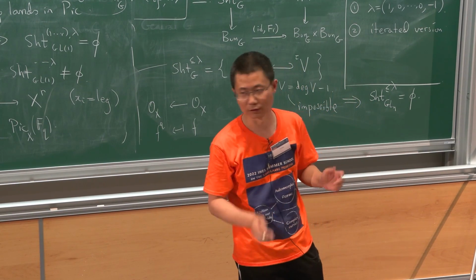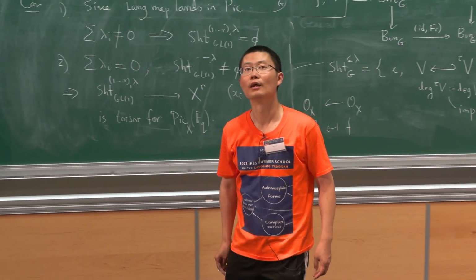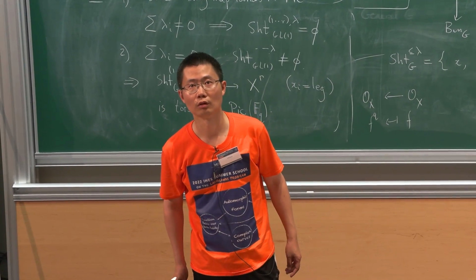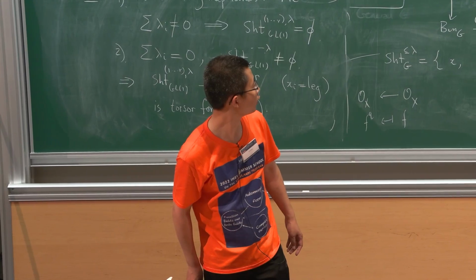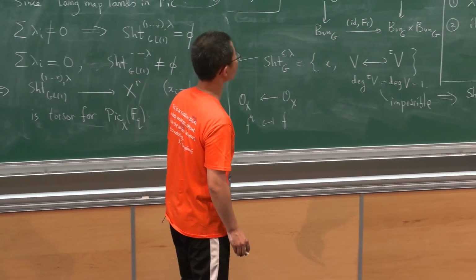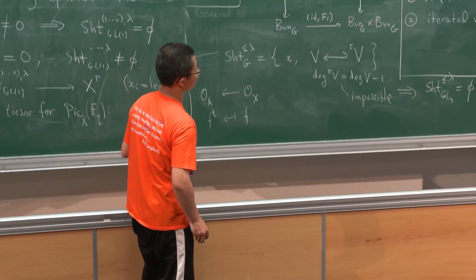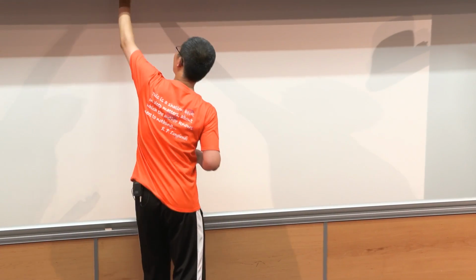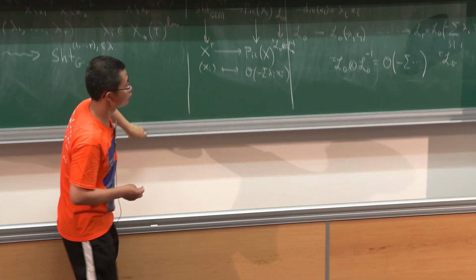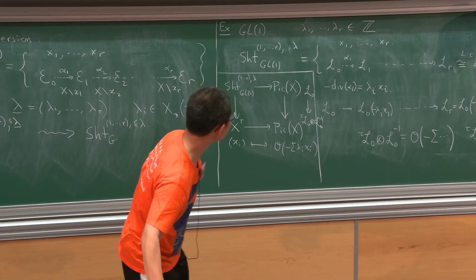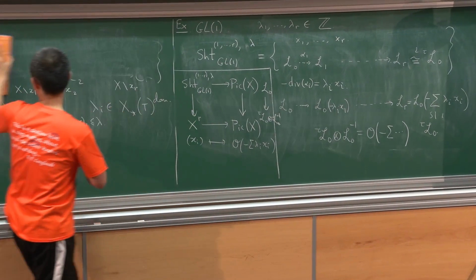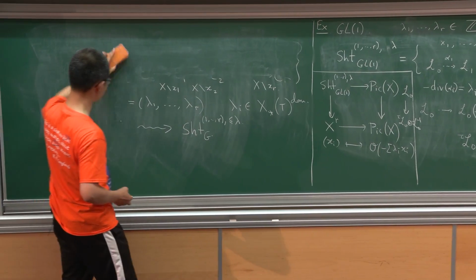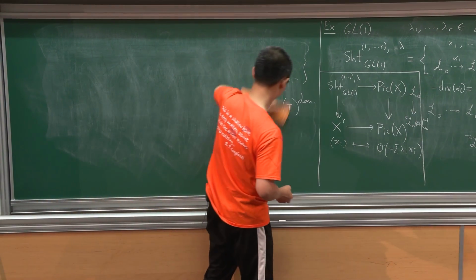Yeah, can you give a more specific description of lambda equals 1, 0, 0, 0, minus 1? This I can do more quickly. So the question is when lambda is equal to 1, 0, 0, 0, minus 1, what does a modification of that type look like?